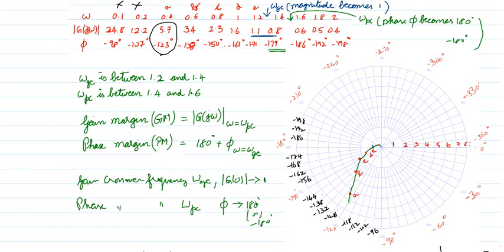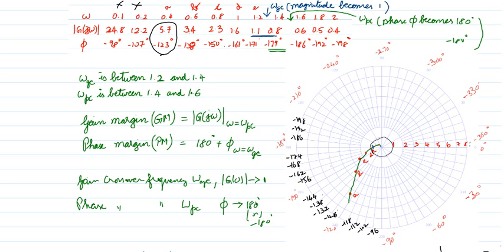Where is the unit circle here? This is the unit circle. The plot cuts it at this point. I can keep a bit darker color, I use green.